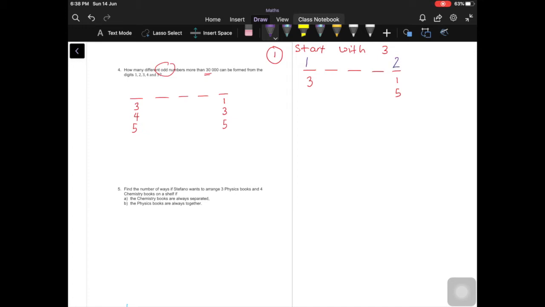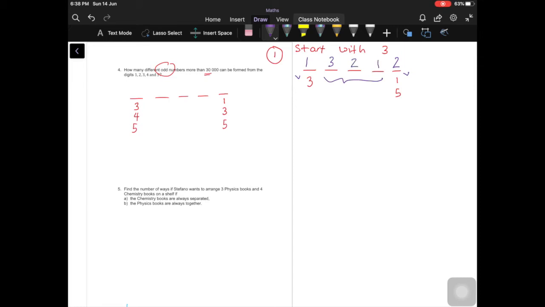At the beginning we have 5 digits. We already chose 1 for the first digit and 1 for the last digit, so we are left with 3 digits to put in the middle. For the first middle place we have 3 options, then 2, and then 1.